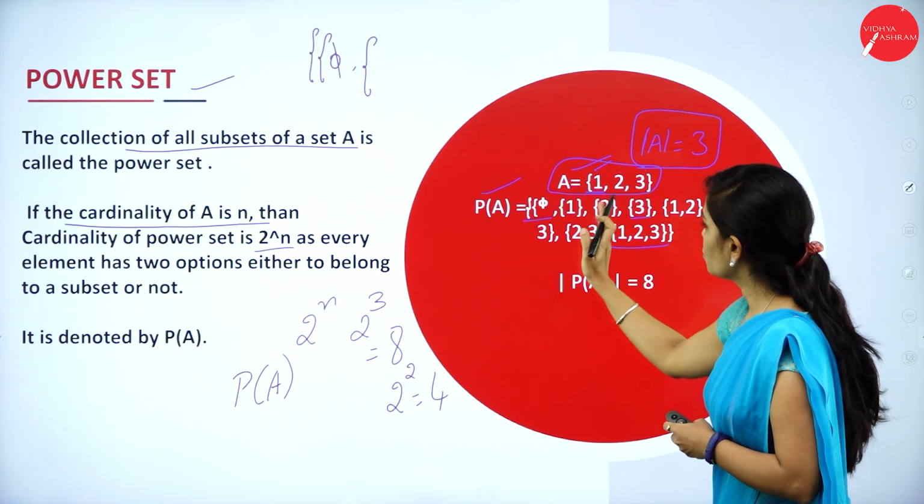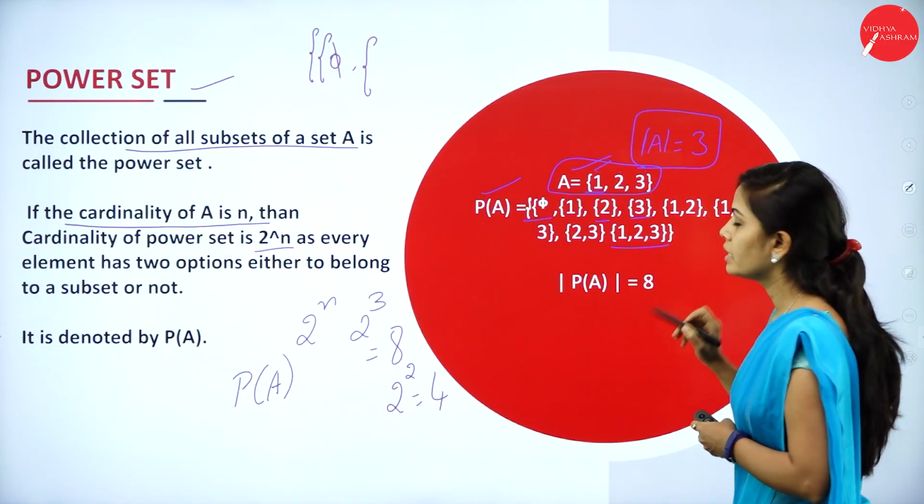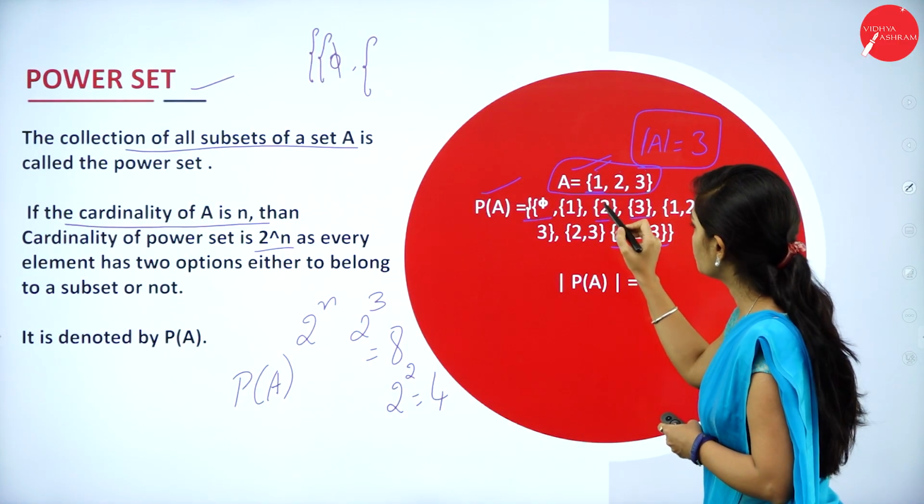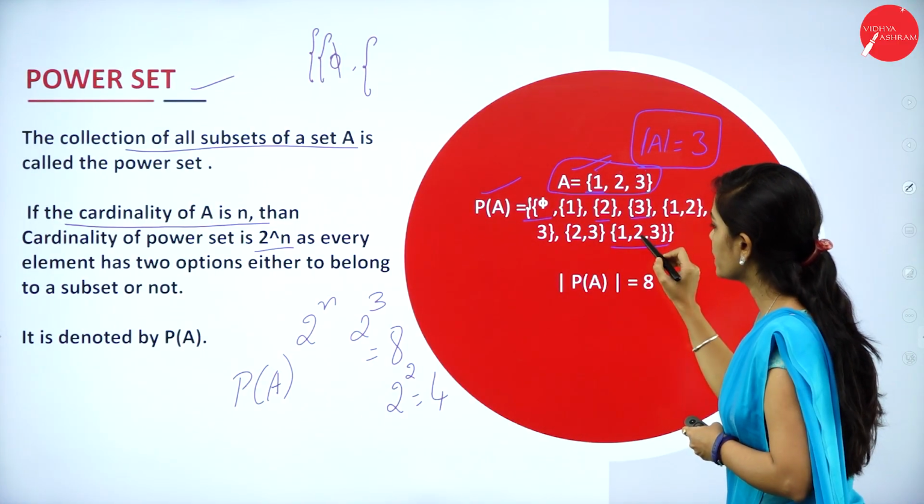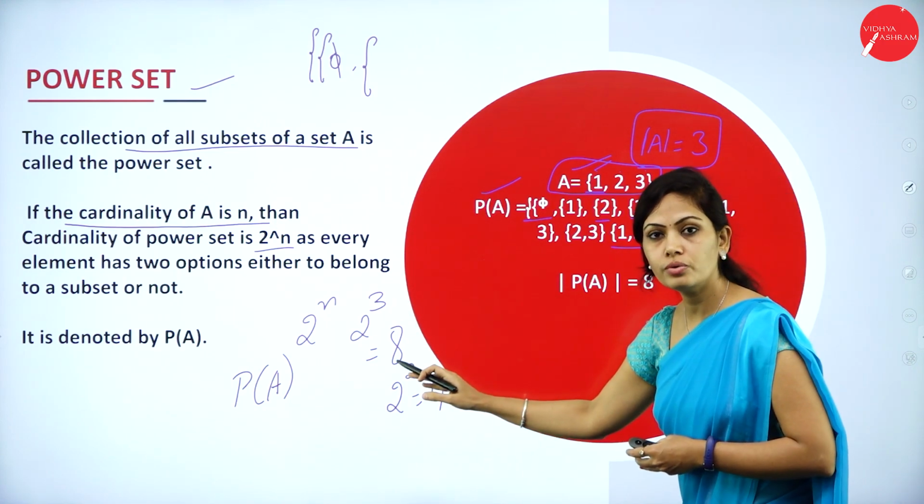Totally you will get 8 possible sets: 1, 2, 3, 4, 5, 6, 7, 8. So 2 power 3 is equal to 8.